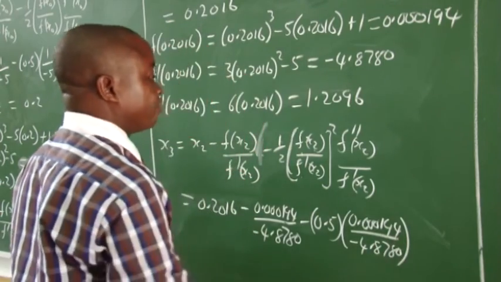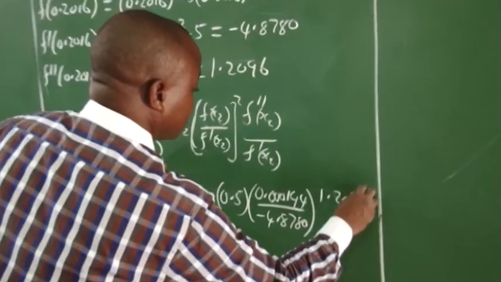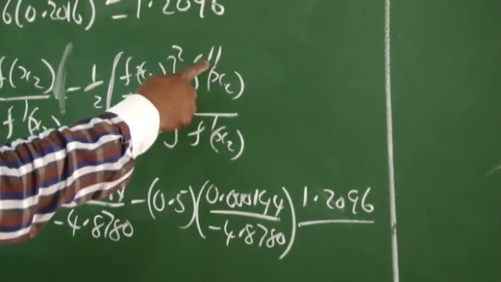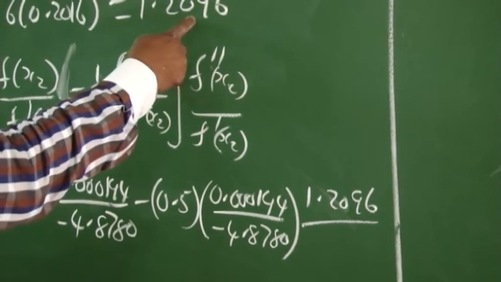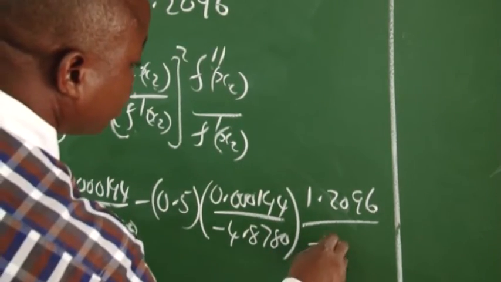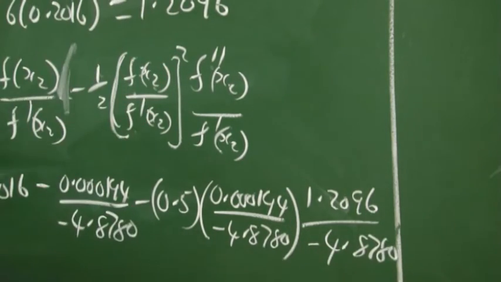Then f double prime of x2 is 1.2096 over f prime of x2, which is minus 4.8780.